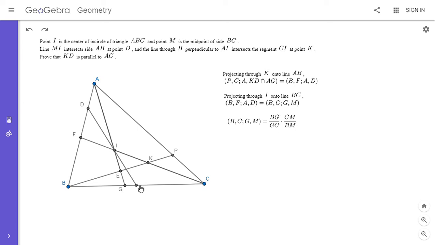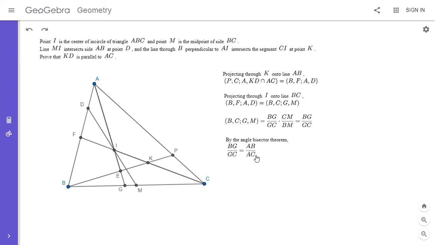But M is the midpoint of BC, so CM is equal to BM, so that's just equal to BG over GC. Also G is where the angle bisector AI meets side BC, so BG over GC is equal to AB over AC by the angle bisector theorem. So this cross ratio is equal to AB over AC.